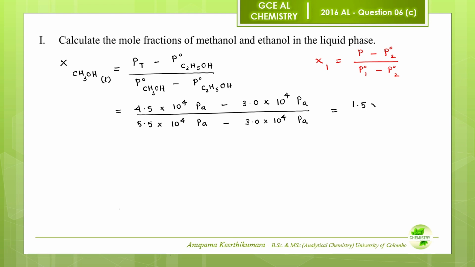That is 1.5 times 10 to the power 4 divided by 2.5 times 10 to the power 4. Therefore, the mole fraction of methanol in the liquid phase is 0.6.